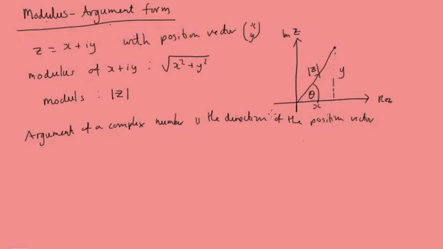So this theta. However, we need to define it a bit more clearly than that. It's the angle between the positive real axis and the position vector. So we call that angle the principal argument.